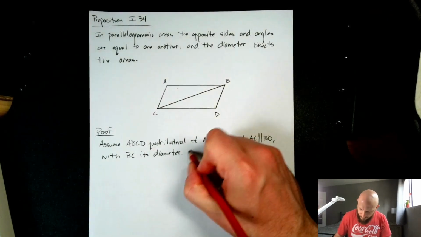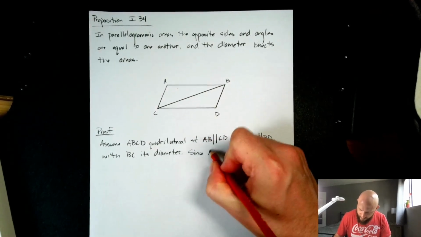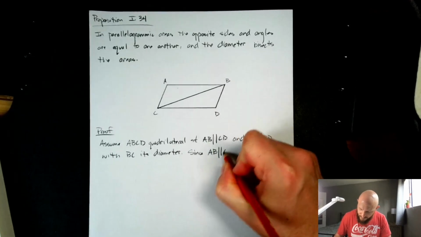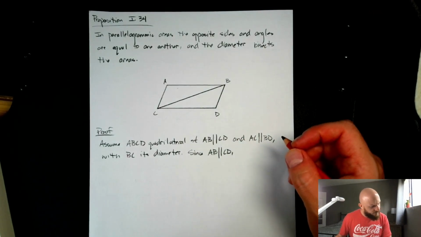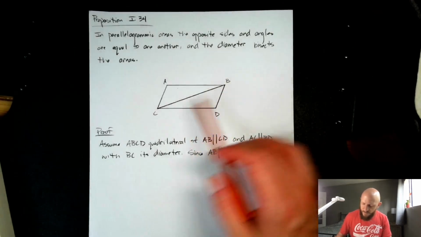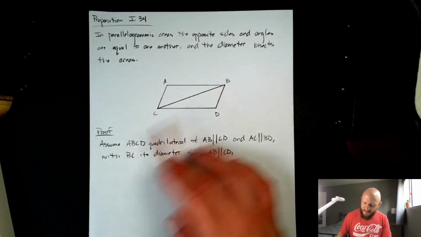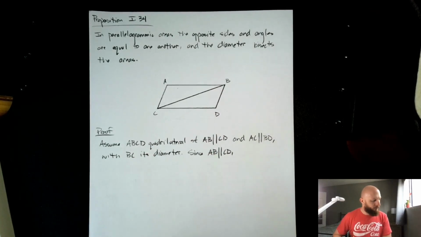Well, since AB is parallel to CD, what can we say? We know something about the angles. And I guess I could say more, since AB is parallel to CD with BC crossing it, but I think it's kind of implied.